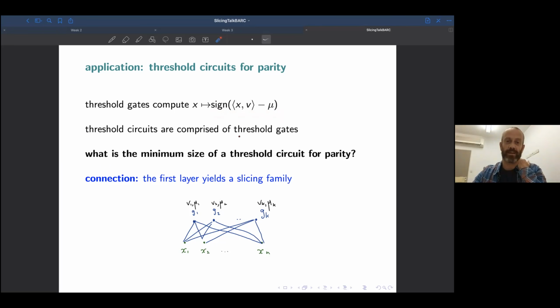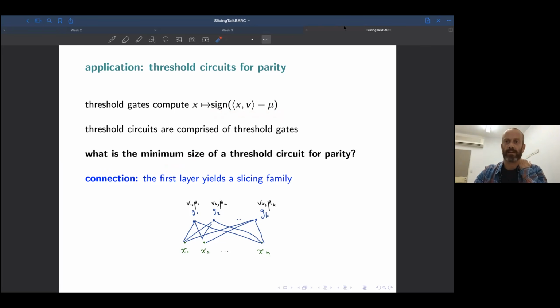And the very simple question that the slicing problem is related to is, what is the minimum size of such a circuit that computes parity, the parity function?